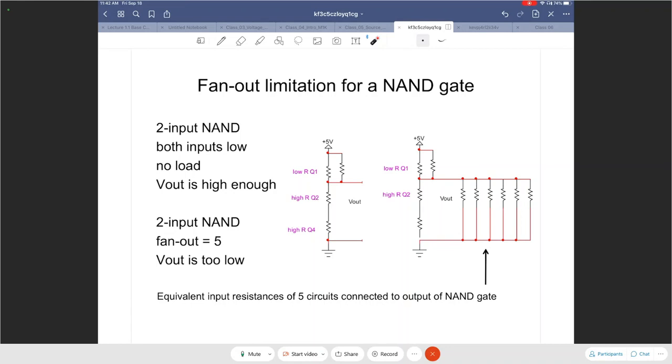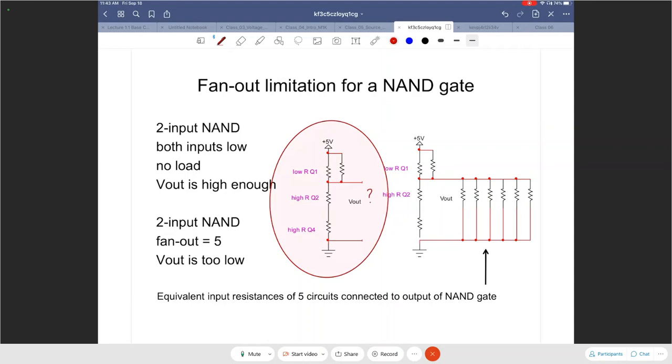So again, over here you have two situations. One in which you are connecting nothing to the output, right? So there's nothing connected here to the output of a NAND gate.